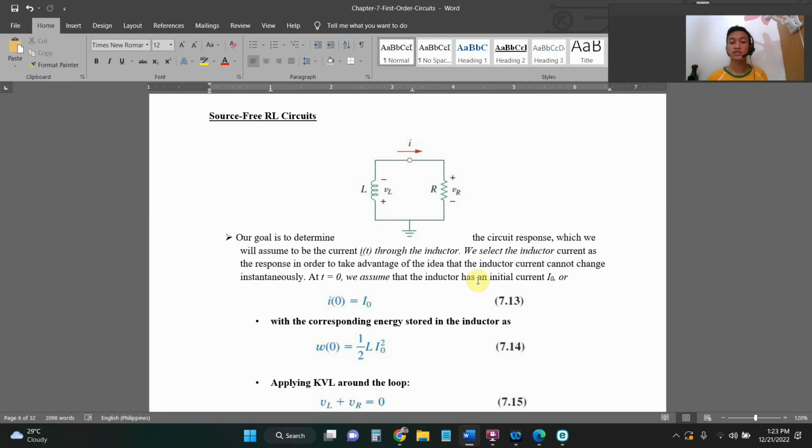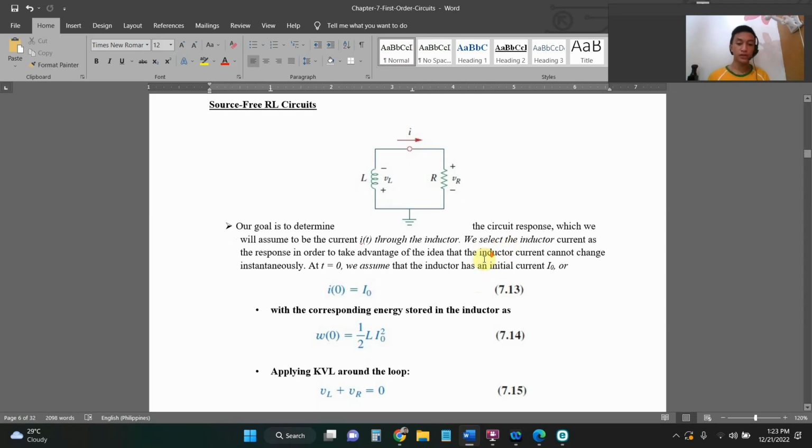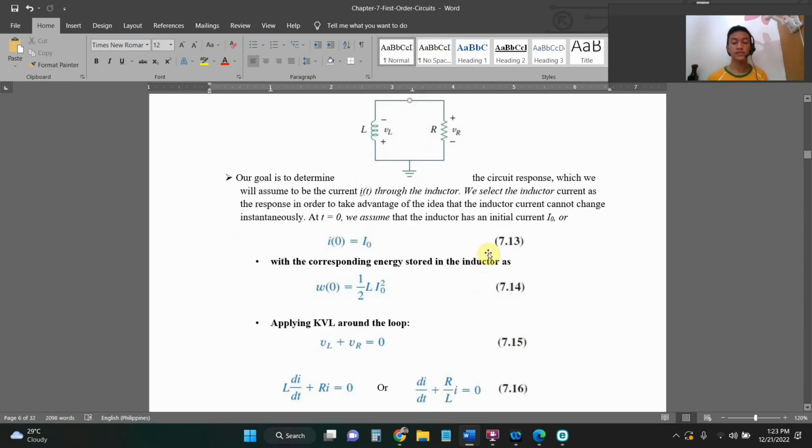The corresponding energy stored in the inductor is given by the formula 1/2 L i squared. Applying KVL around the loop, V sub L plus V sub R equals 0. So L di/dt plus Ri equals 0.